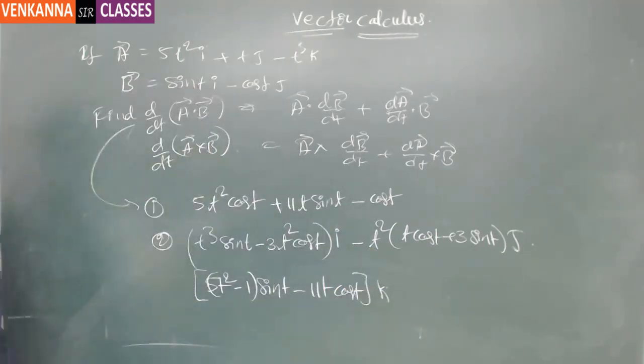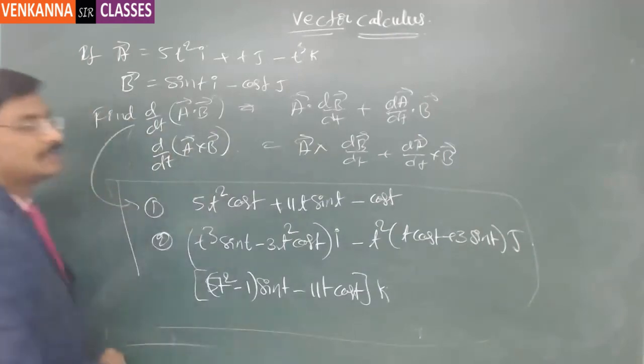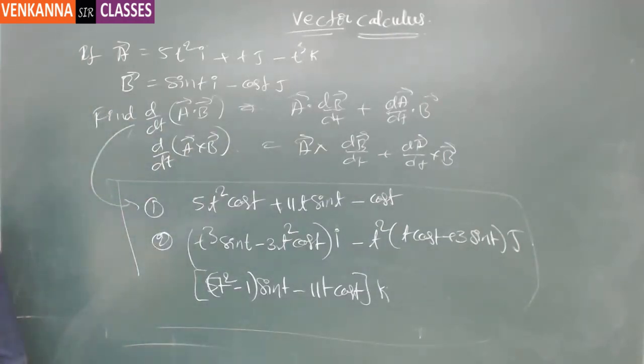So this is the vector product. Got it? So you can cross check it. The methodology is simple, only you need to do the simplification part of it. So these are the answers you can note down and verify.